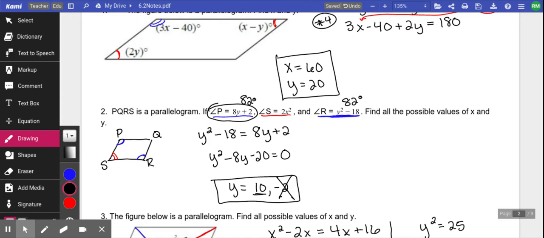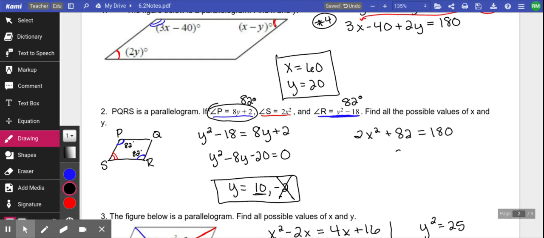Okay. Now this is going to help us to find angle S. So if those two are 82 degrees, what's the relationship between P and S? Well, that is property number 4 that tells us that they are supplementary. So we can say that 2x squared, that's angle S, plus angle P, or angle R, equals 180.